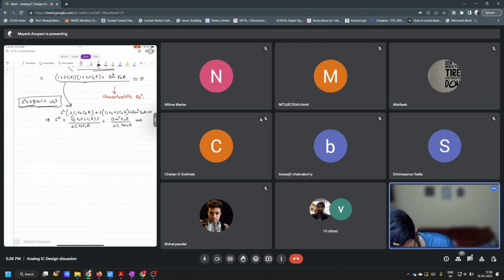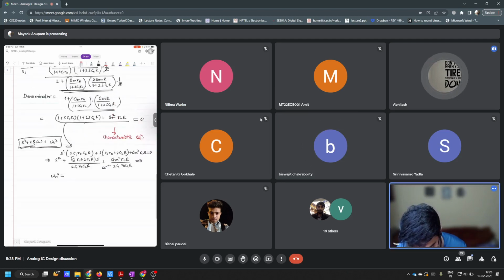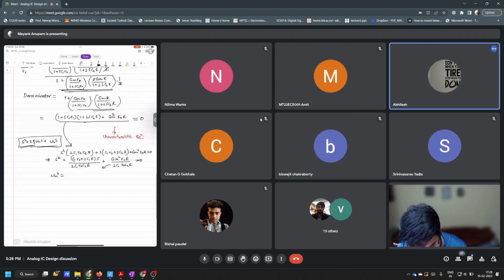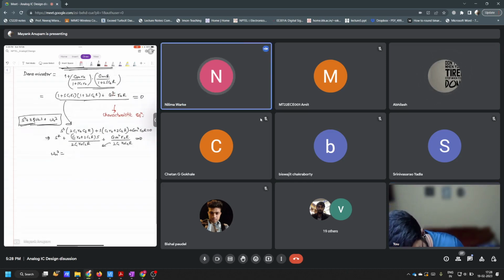So what is omega n square from this? There will be a constant, plus 1 will come, right, sir? Why should there be plus 1? It is the coefficient of s square, sorry, 1 will be there. Yes, my bad, correct.